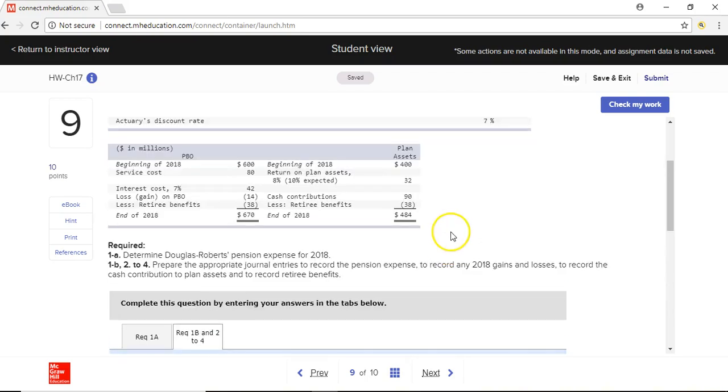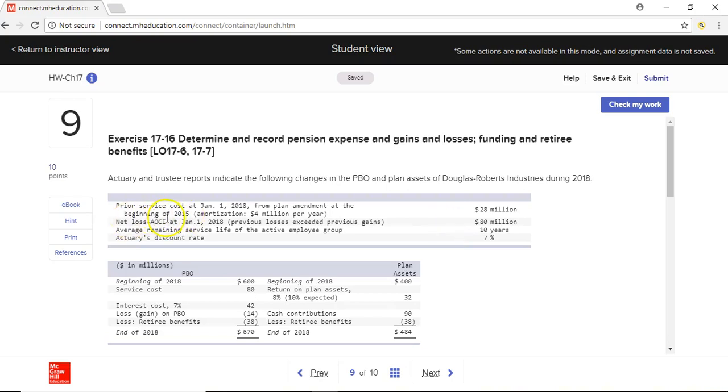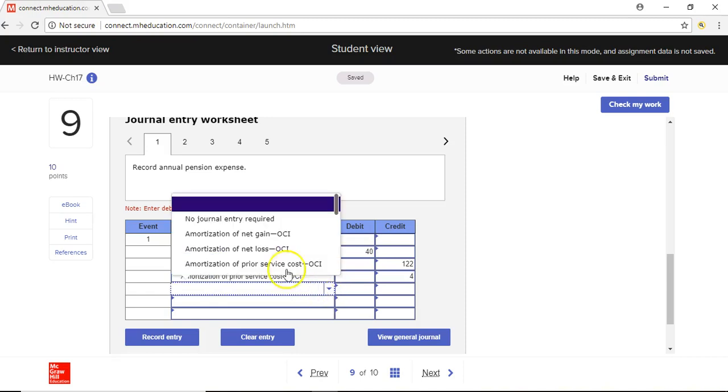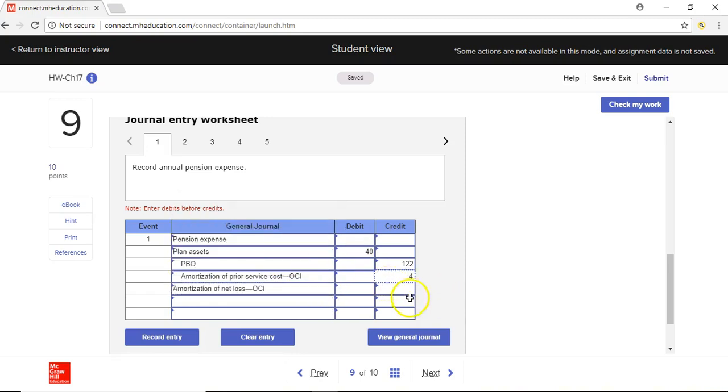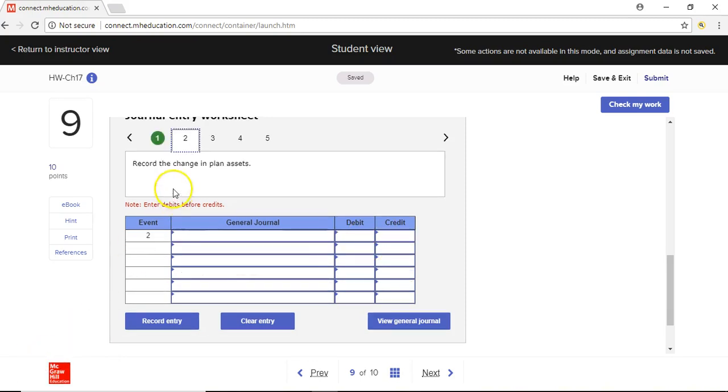We also calculated amortized net loss, the portion exceeding the corridor, 80 minus 60, 20 divided by 10, so $2 million will be credited. And the last plug-in for pension expense: 122 plus 4, that is 126, plus 2, 128, minus 40, 88.